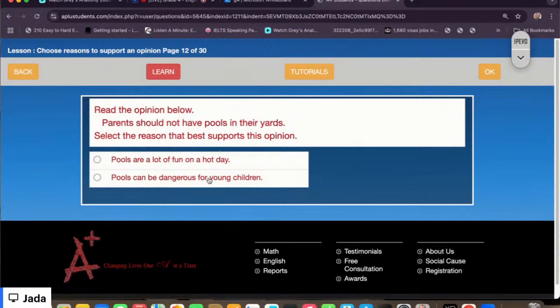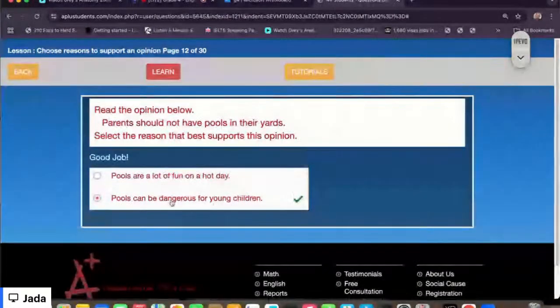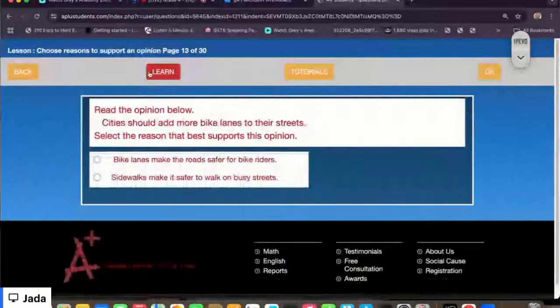Okay, so option two. All right, so that's it for this particular lesson, which is choose reasons to support an opinion.